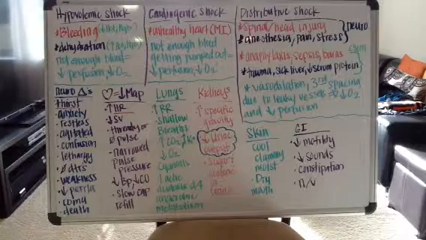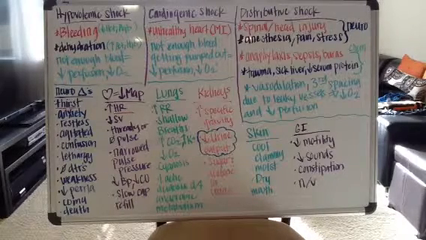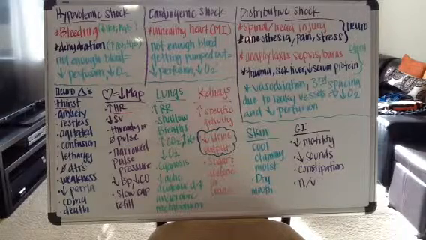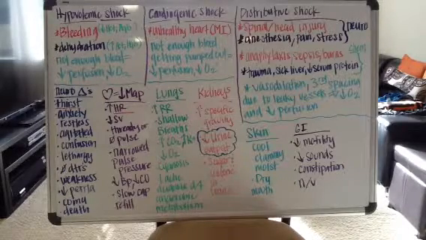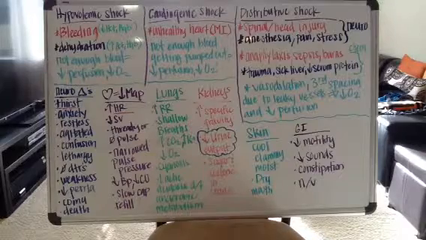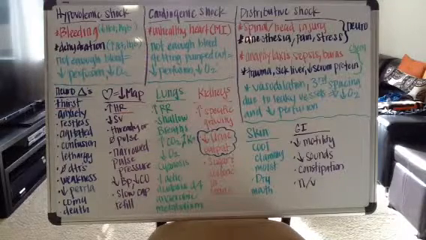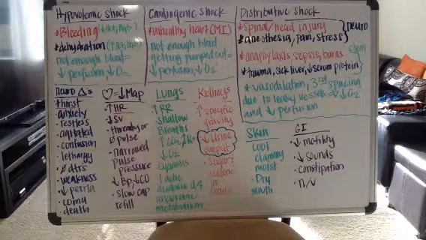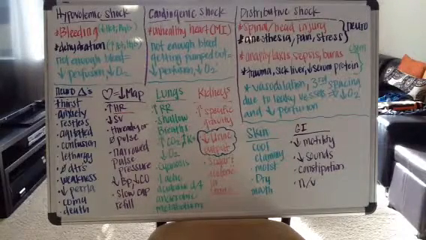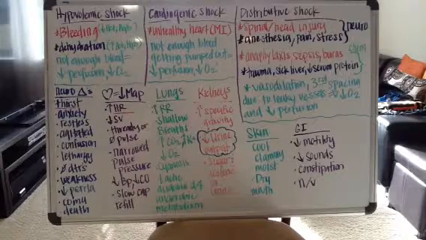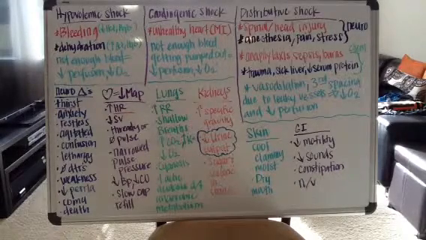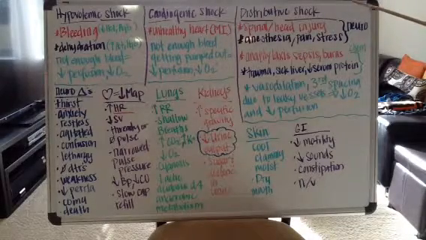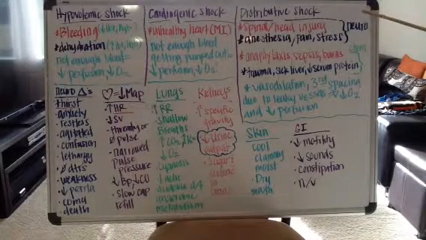That's more like patients who have a cardiac tamponade or some sort of tension pneumothorax, something that's blocking the ability of the heart to pump, not necessarily the heart being sick, but maybe the fluid within the pericardial space causing decreased perfusion to the body. So that's obstructive shock, but I'm not going to go over that. You can read that on your own. That's on page 810.